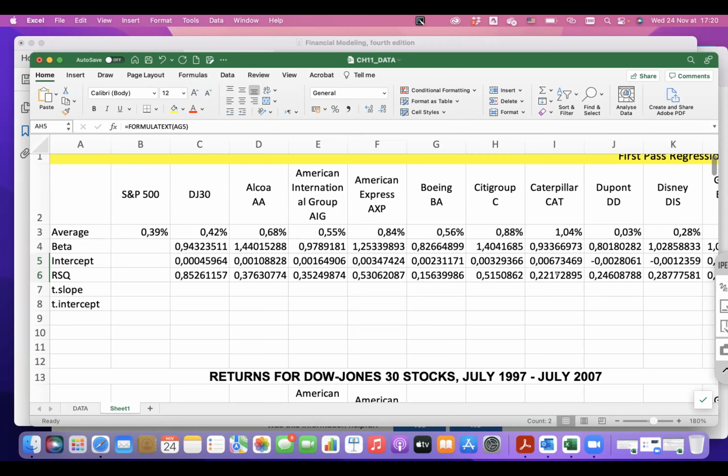If you find a T student equal or higher than 1.96, this is a good result. This means that your estimates, the beta and the intercept we have found here, are significantly different from zero with more than 95% probability.